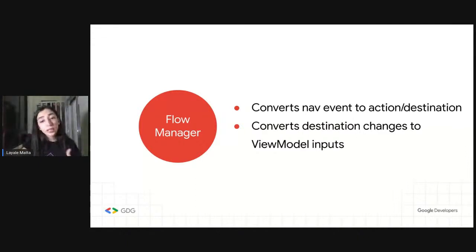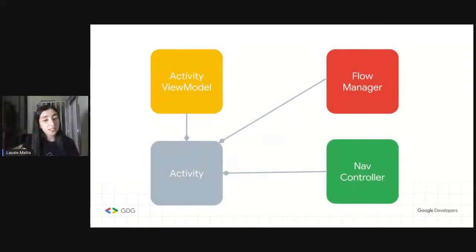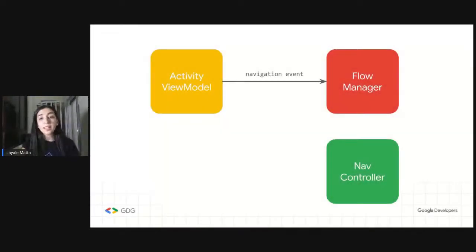So if we want to look at it in a more visualized way, first we have our activity, and it has its three components: the activity view model, the flow manager, and the nav controller. And as we said, the activity view model will send a navigation event to the flow manager.